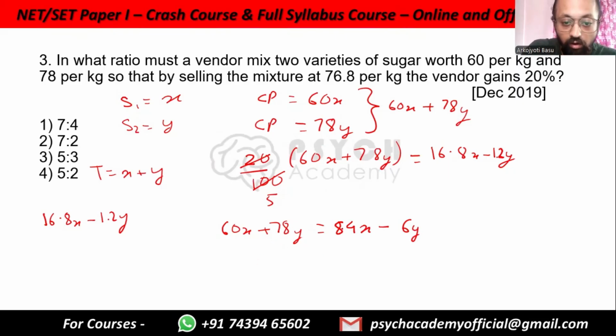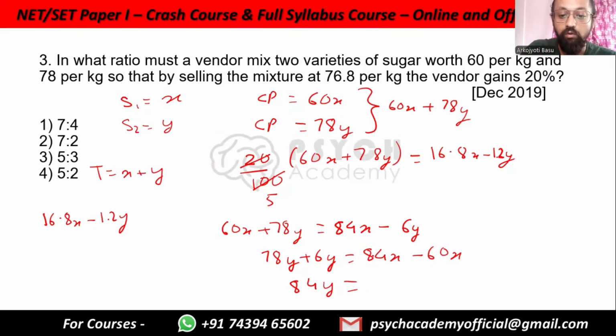Taking the y terms to one side, 78y + 6y is equal to 84x minus 60x. Taking the x over here, 78 and 6 is 84y, is equal to 24x.